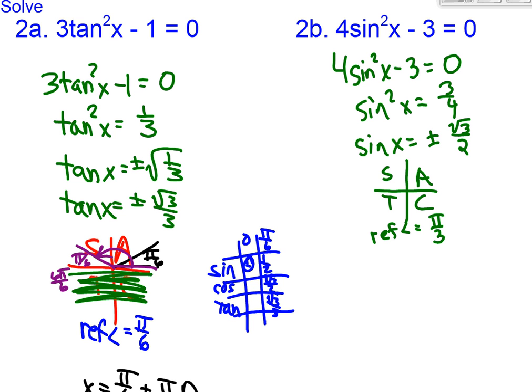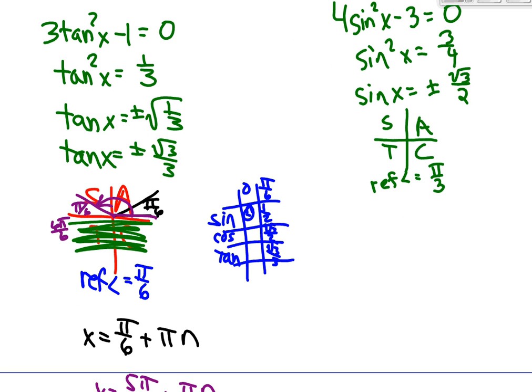Pi over 3. Pi over 3 is our reference angle. Since it's positive or negative, we actually do get all 4 of those answers. Of course, with tangent we know the period is pi. In this one, the period is 2 pi, so we want to think about all of those.